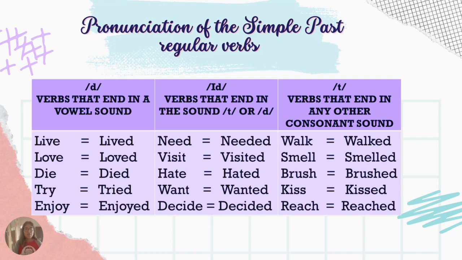Pronunciation of the simple past in the regular verbs. The verbs that end in a vowel sound, this is liked, loved, and so on. The verbs that end in the sound T or D, this is needed, visited, hated, wanted.